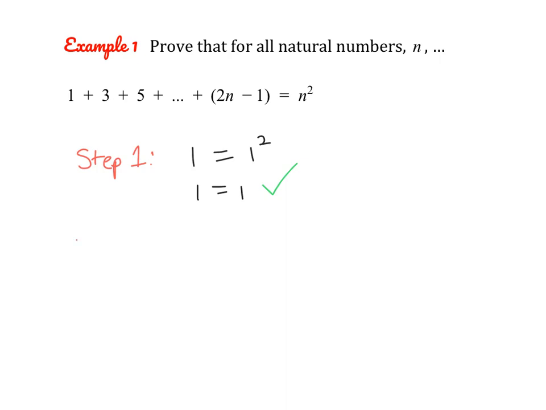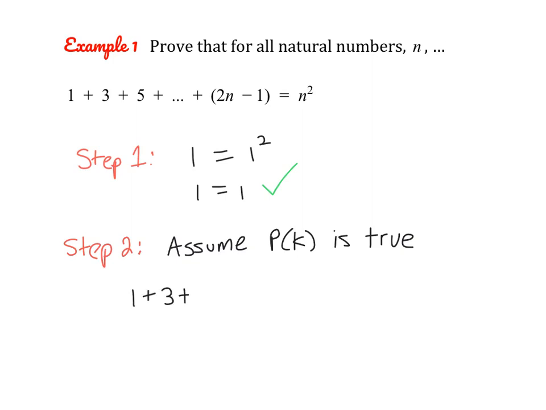So now, step 2, we need to write that induction hypothesis. We're actually going to write an assumption statement. So we're going to make the assumption that p of k is true, meaning that 1 plus 3 plus 5 plus dot dot dot plus 2k minus 1.